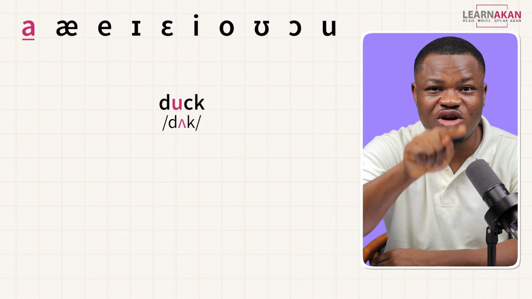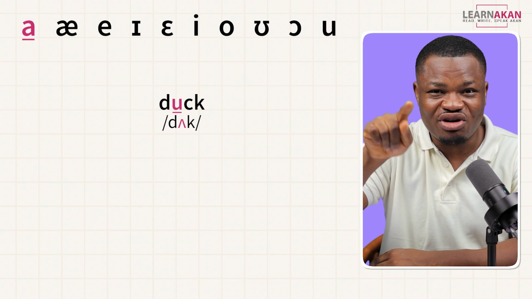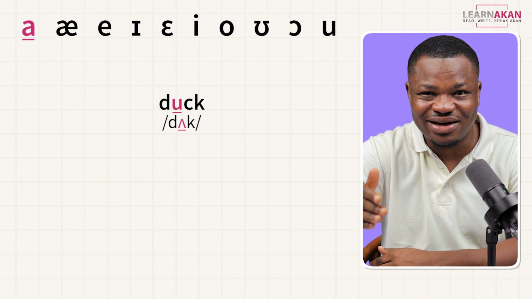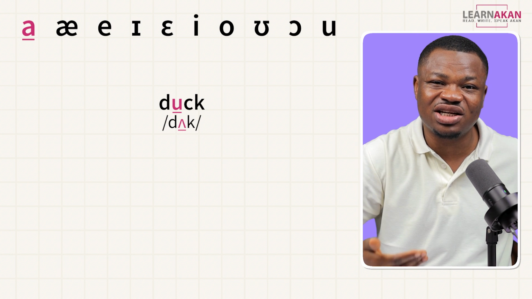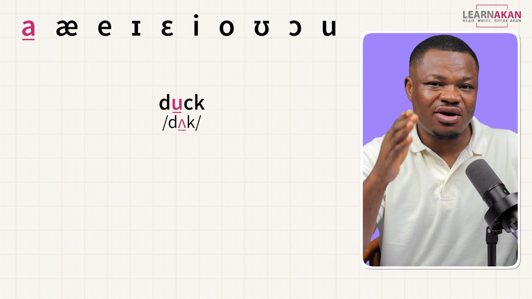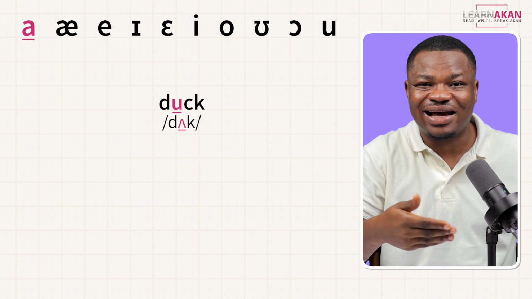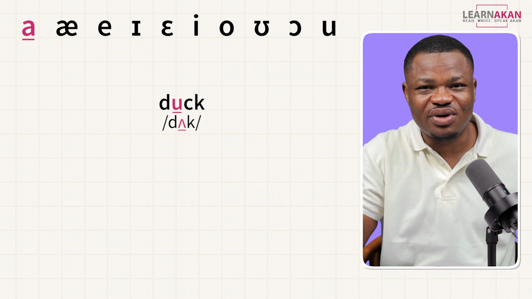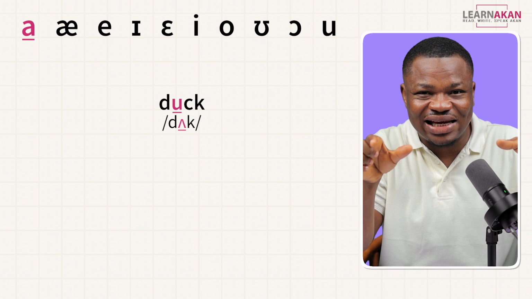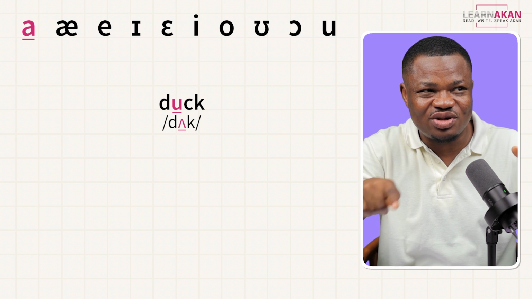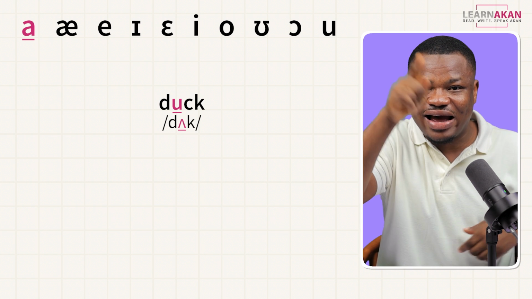So for example, you are using U to represent the sound A in duck, right? So if you check the English dictionary, when you transcribe a word like duck, you don't use the U anymore because the sound in there is not a U, it is A. So you see it's transcribed with A sound.